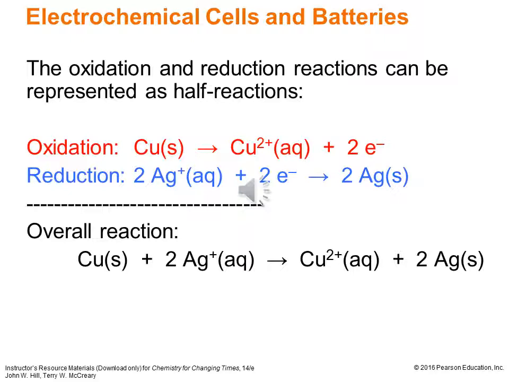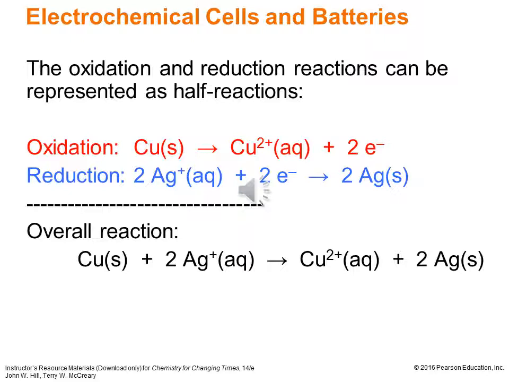In the example with silver depositing on copper metal, the oxidation portion was the copper metal, in its elemental state with zero oxidation state, being oxidized to copper 2+ ion. It has gone from a 0 to a 2+ oxidation state, and as a result, it released 2 electrons.